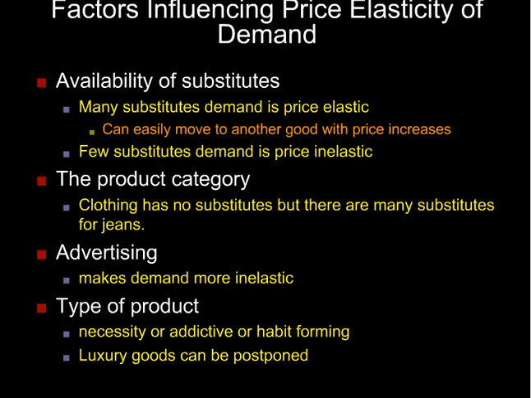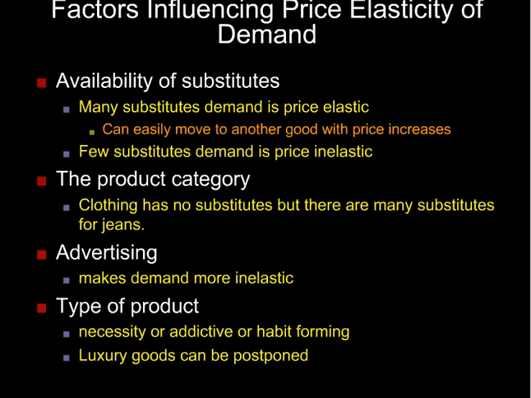It also matters in terms of the product category. This might sound a strange thing to say, but we normally find that the broader the category of product that we're looking at, the more inelasticity you find. So if you take a product like clothing, there are few substitutes for that broad category known as clothing, so you'd see that demand would be price inelastic for that.